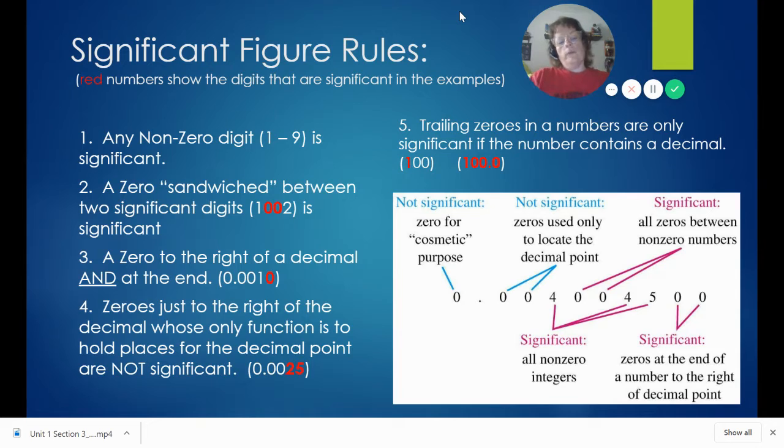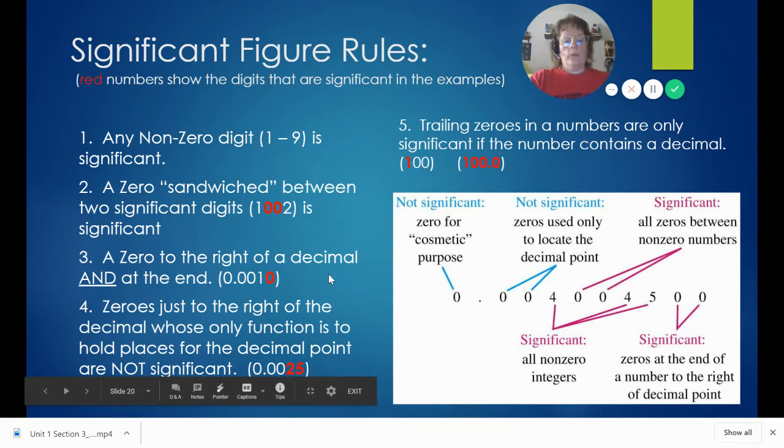All right, so if you're looking at, let's say, a decimal, looking at number 3, a 0 to the right of a decimal and at the end, the one that's directly after the 1 there, that would be considered significant. Notice how I did not highlight these right here. Those are considered just placeholders. Let me show you.